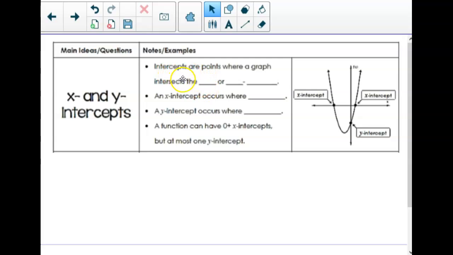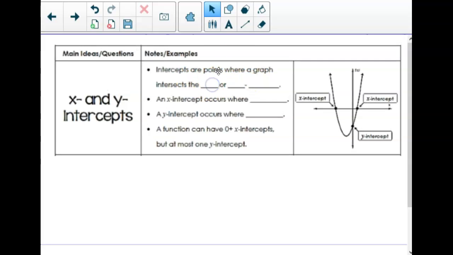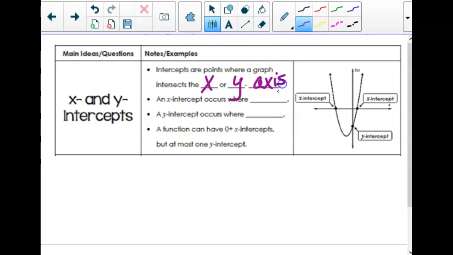Intercepts are points where a graph intersects the x or y axis. The x-intercepts occur where y equals 0, or where a function equals 0, and a y-intercept occurs where x equals 0. A function can have no or more x-intercepts, but at most one y-intercept.